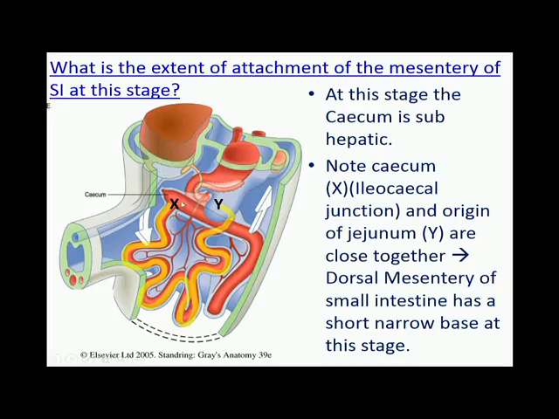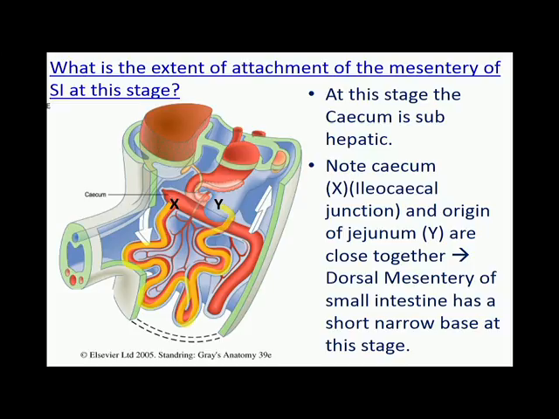Now at this subhepatic position, the distal end X and the proximal end Y are very close together. Even in the adult cadaver, you get the duodenojejunal flexure somewhere here. And if your cecum is there, you have the attachment of the two bowel loops, this proximal end and distal end. So that is your attachment of the dorsal mesentery. So you have the bowel loop like that, and everything is attached to that narrow area.